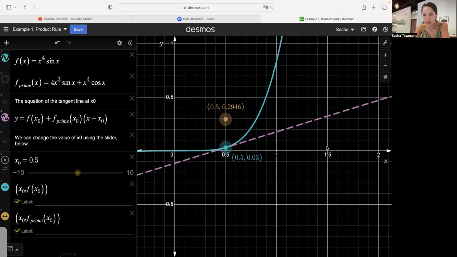It looks like we go from about 0.2 to maybe a little bit less than 3.2. So maybe I'm going to say about 2.9 units is our increase in the y direction as our x values go from 0.5 to 1.5. So change in y is about 2.9.